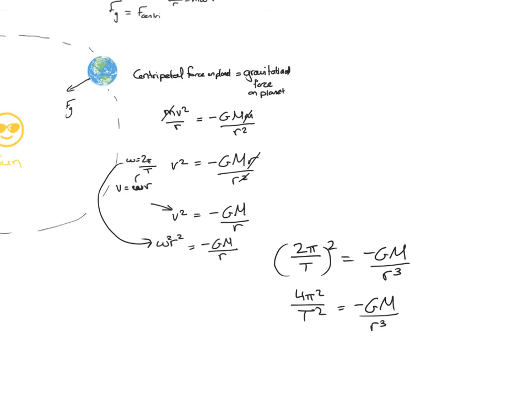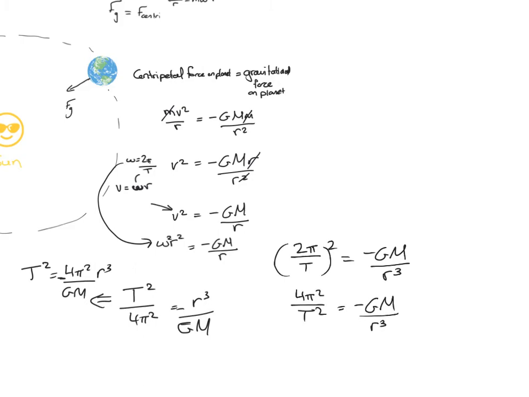So I already have my expression here, linking T and r together. I just want to rearrange them, make it look a bit prettier. So we'll flip both sides upside down and make it look better from here on. So that will be T squared is equal to 4 pi squared r cubed over GM.